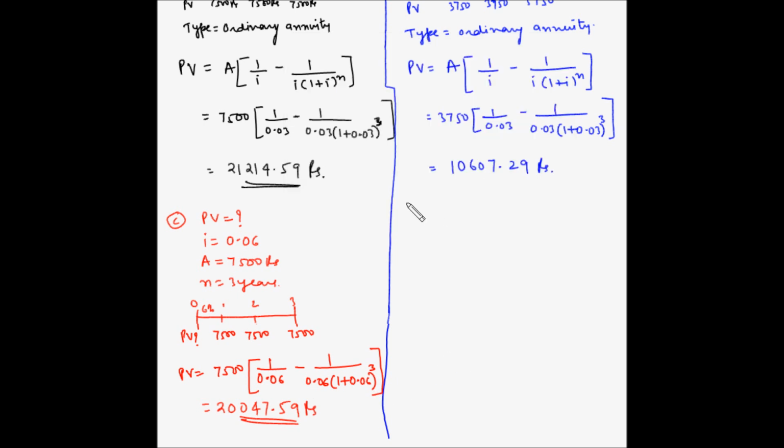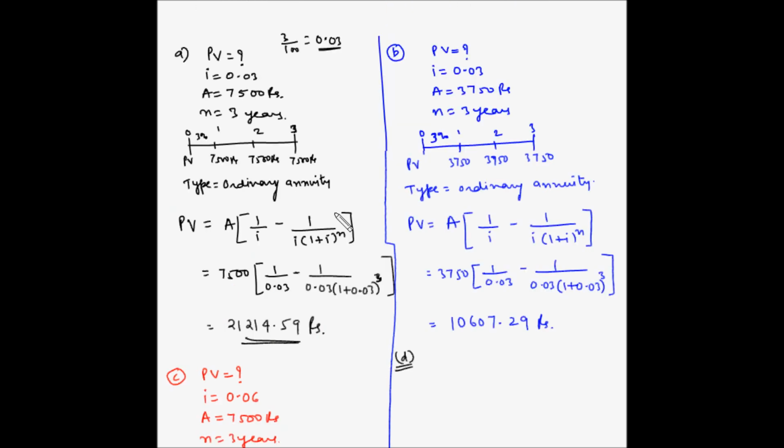Now let's move to part number D. Part number D says that what is the present value if the interest rate is 3%, the amount withdrawn is 7500 rupees, tenure is 3 years, but instead of withdrawing this amount at the end of each of the next 3 years, the amount is withdrawn at the beginning of each of the next 3 years.